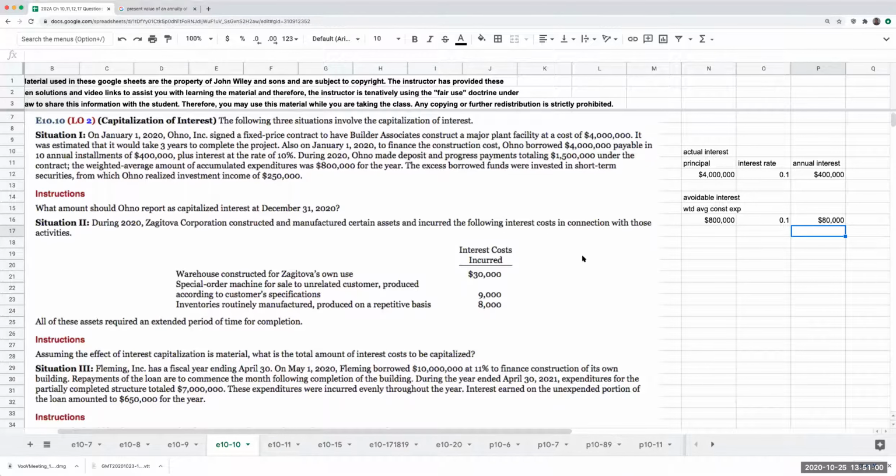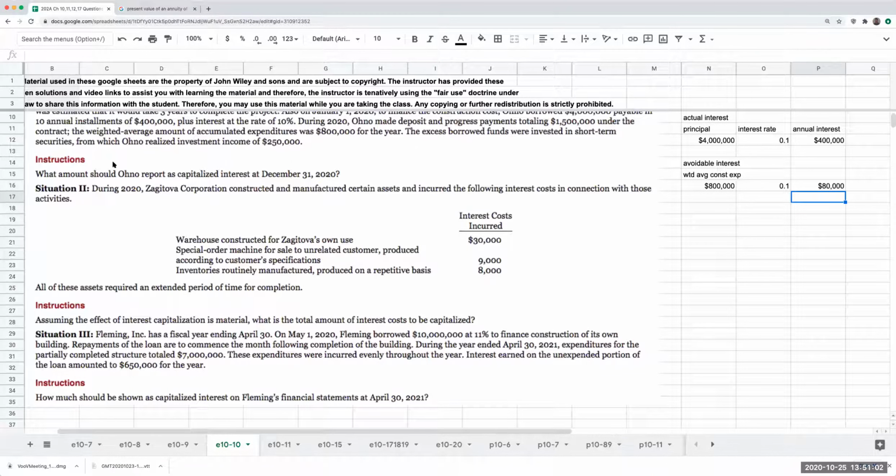Okay, let's take a look at situation two. During 2020, Zagatova constructed and manufactured certain assets and incurred the following interest costs in connection with those activities. All these assets required an extended period of time for completion.